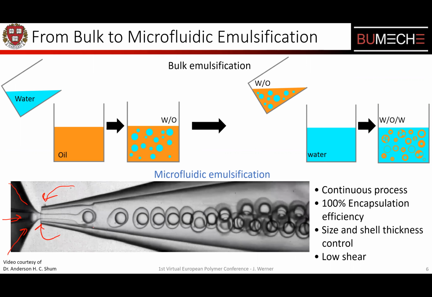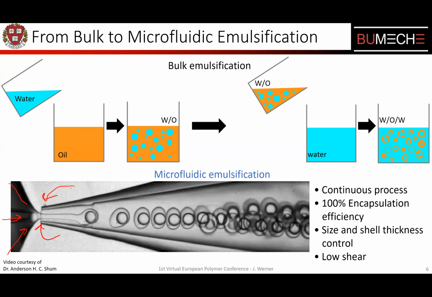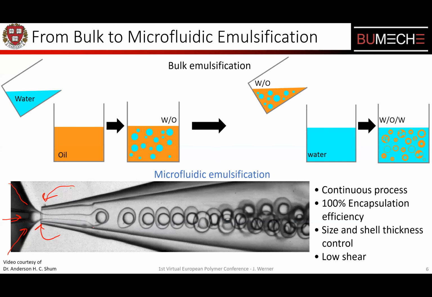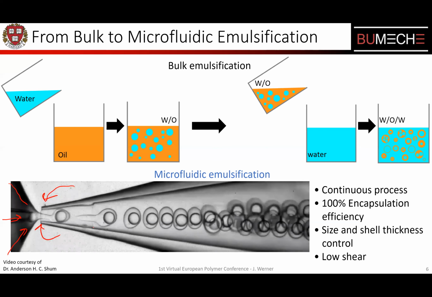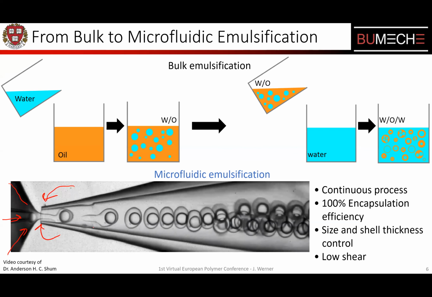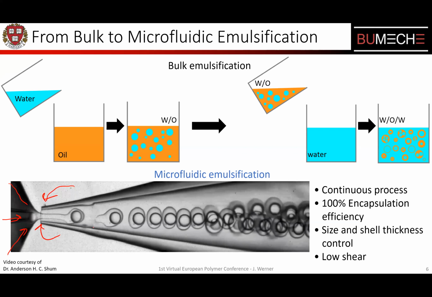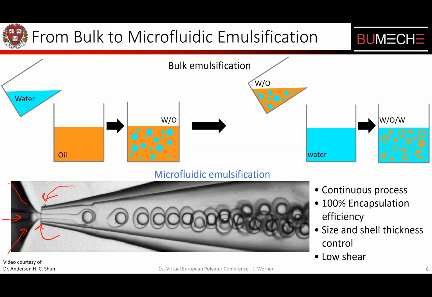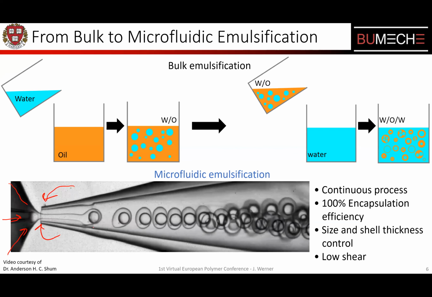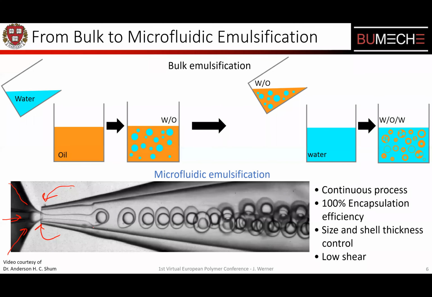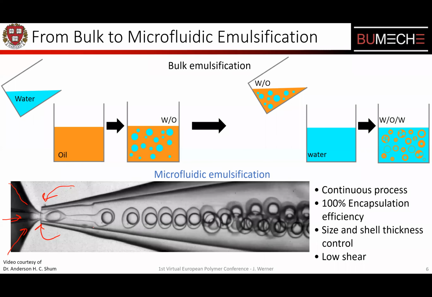You can control the size to a certain extent using the flow rates and the geometry of your device. The other very interesting thing, apart from the structural features, is of course that you have a quantitative encapsulation efficiency here. Unless, of course, your flow breaks up, you have every interior water phase encapsulated in oil, which in bulk homogenization or bulk emulsification is often not the case.